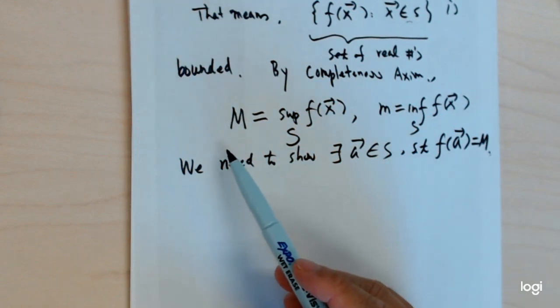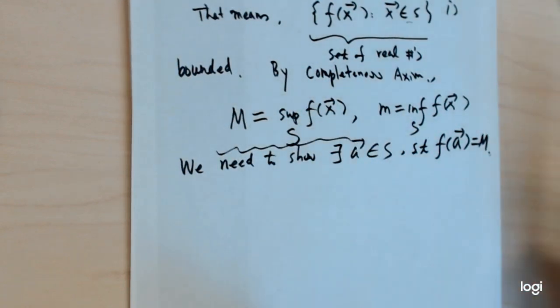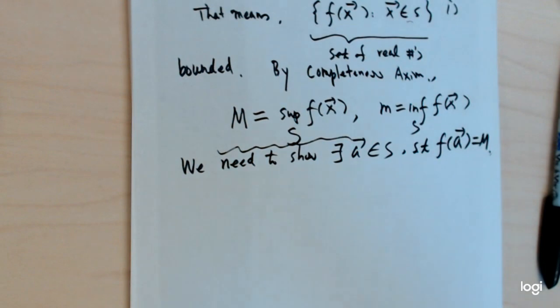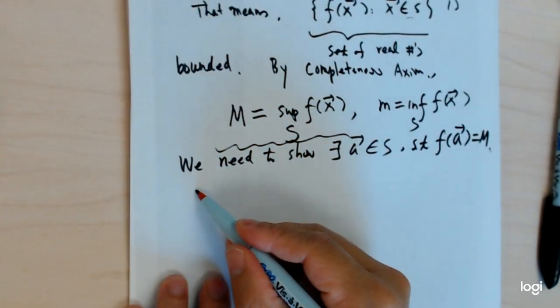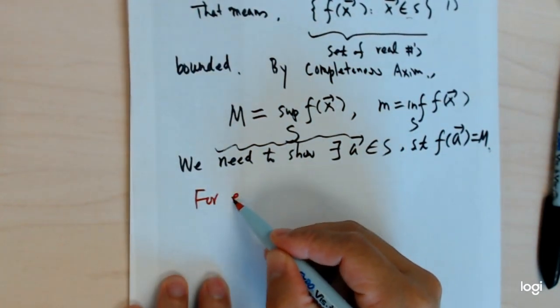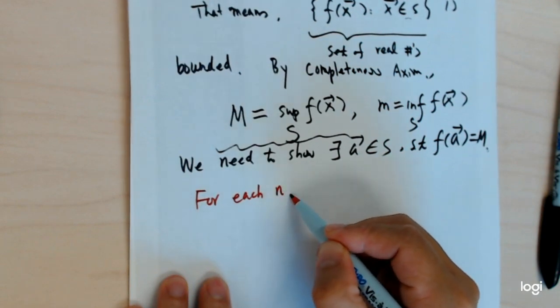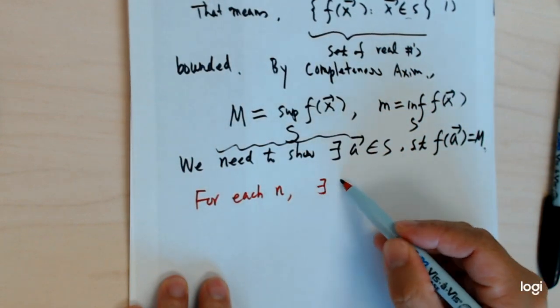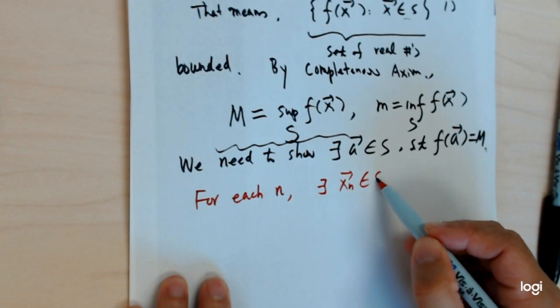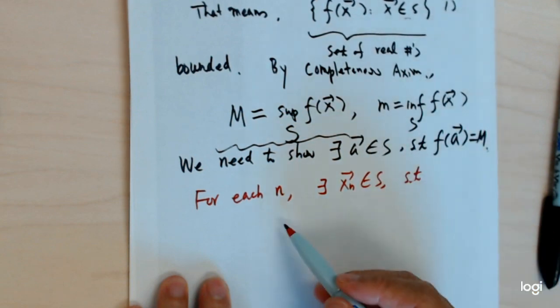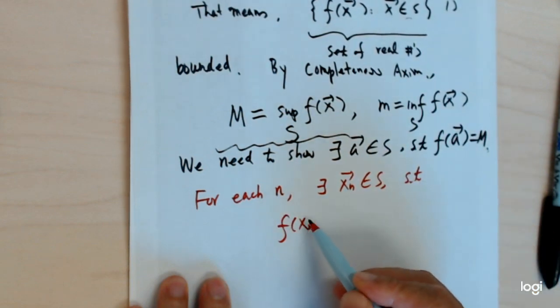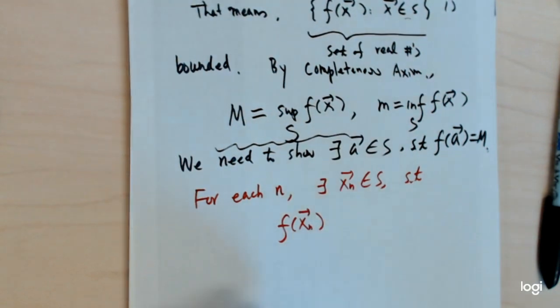Here we're going to just show this. But then we have to think about the meaning of supremum. For any natural number n, there's a point x n in S such that f of x n is bigger than M minus 1 over n.